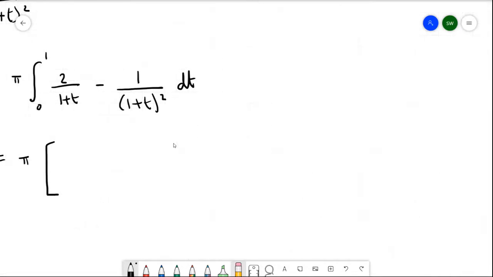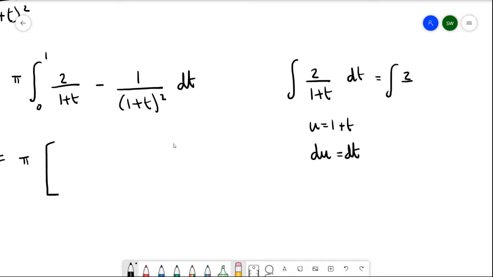And hopefully you can see you can probably do this without a substitution now. If you were to use a substitution, you'd let u be 1 + t, and then du would be dt. And then you'd have the integral of 2 over u du, but that's just 2 log u.